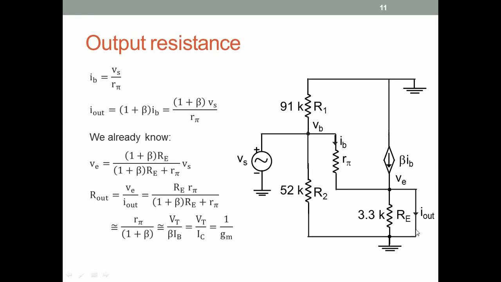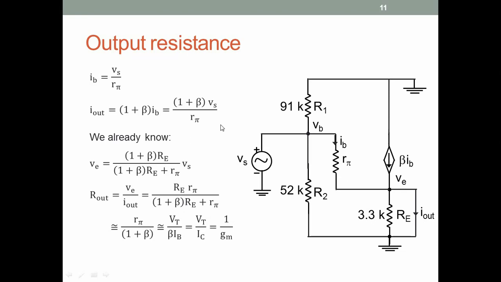So we find the output short circuit current, and then the resistance between these two terminals will be the open circuit voltage VE divided by the short circuit current, which I have called I out. VE that we previously found when this was open circuited. Of course, in this circuit, VE is 0 because we've shorted it to ground. I probably shouldn't even have written VE here, probably confusing. So please ignore this VE.